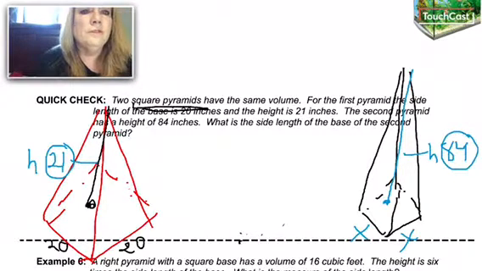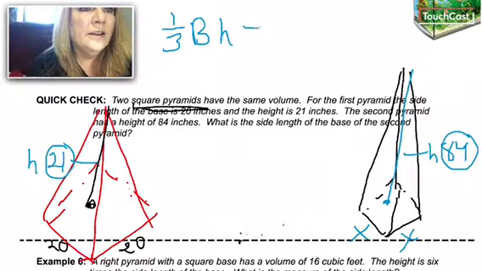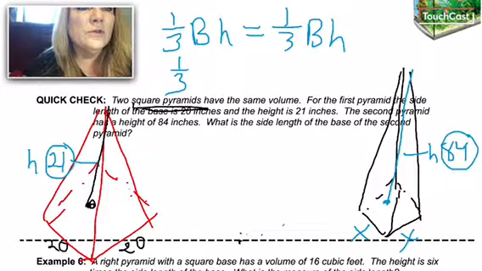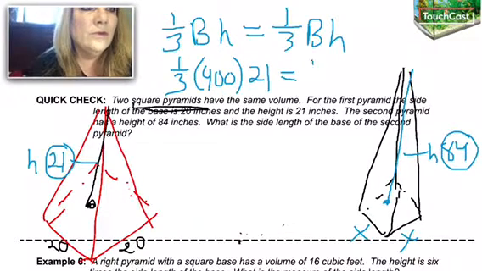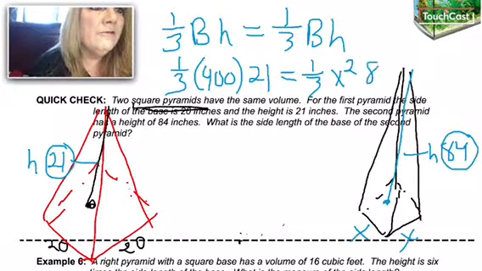So the formula for these are 1/3 area of the base times the height, and they're equal to each other. And we know that the bases are squares. So in the first one, we have 1/3 of 20 times 20, or 400, times the height of 21. And that is equal to 1/3 x times x, so x squared, times 84.